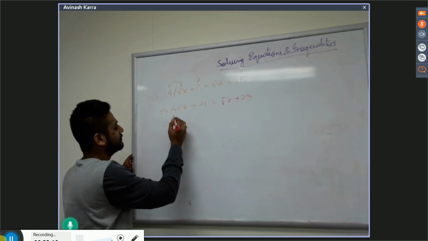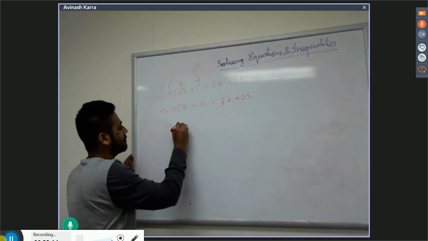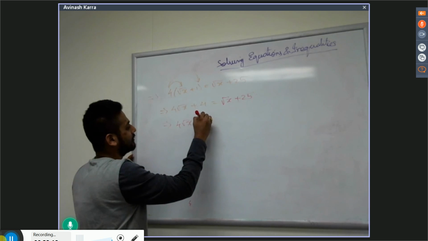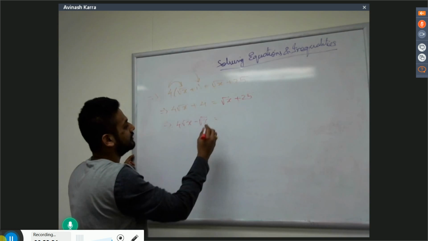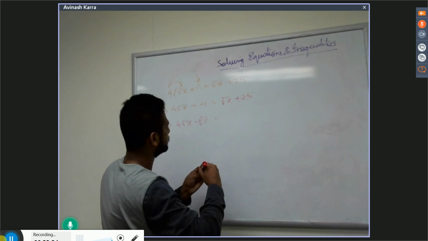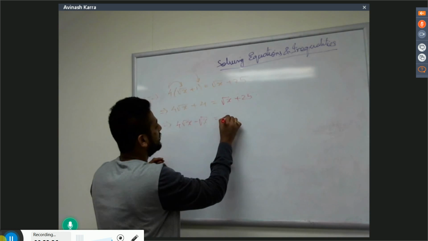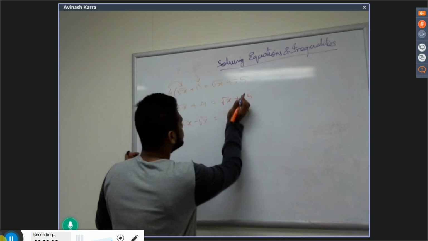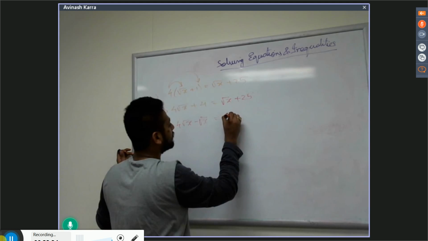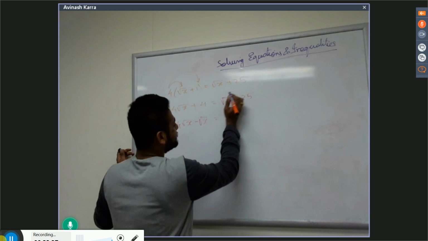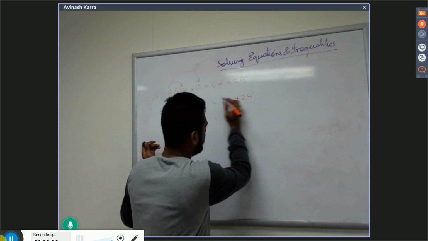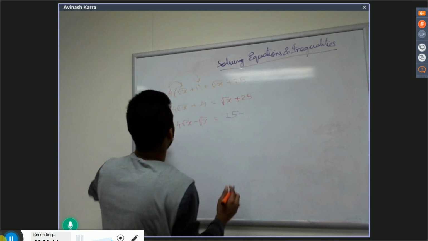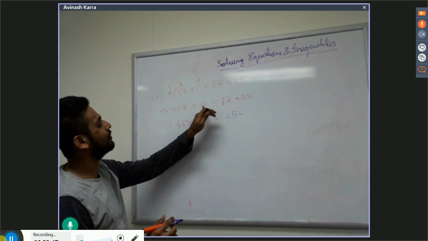So 4 root x minus root x equal to 25, and what is 4 doing here?